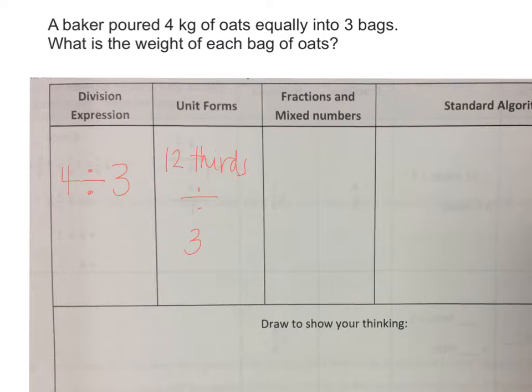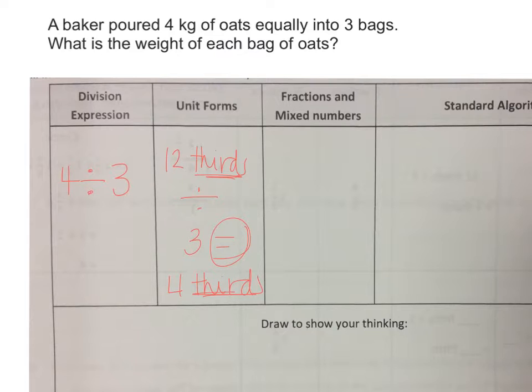Okay? And by the way, when I do that, how many thirds are in each group? 12 thirds, and I share them equally into 3 different groups. So how many thirds are in each group? Everyone? 4 thirds. So to write the entire unit form, you need the equal sign too, and what the answer is. Okay, and you write it using words, like that.